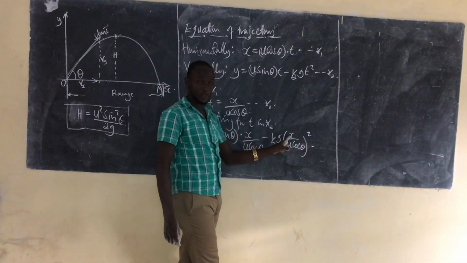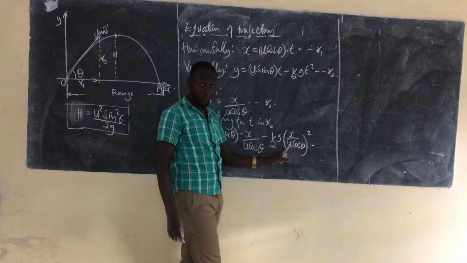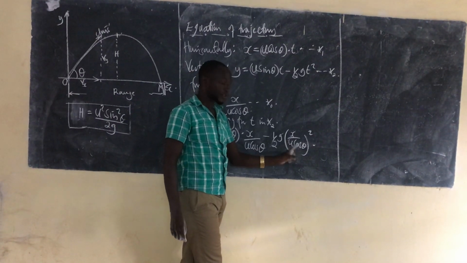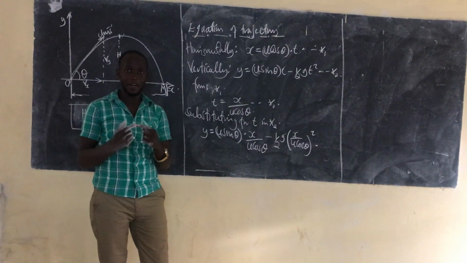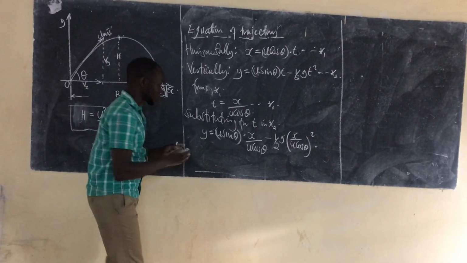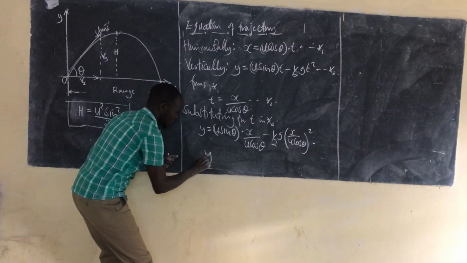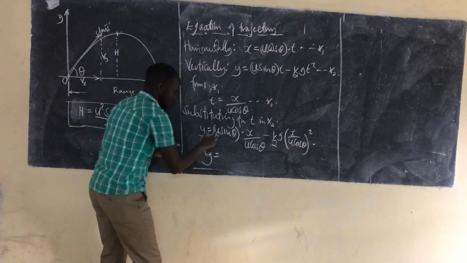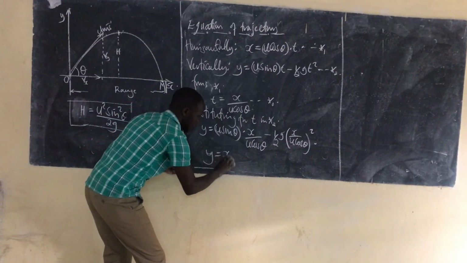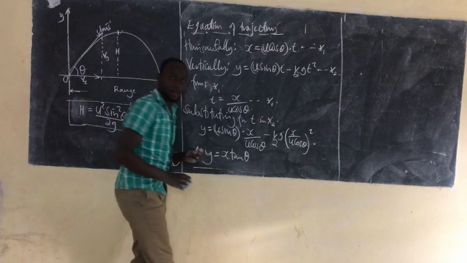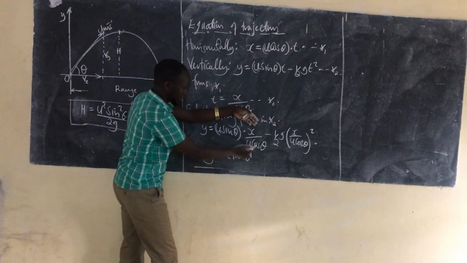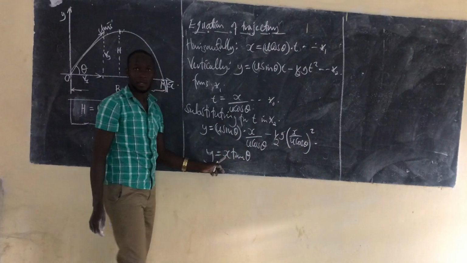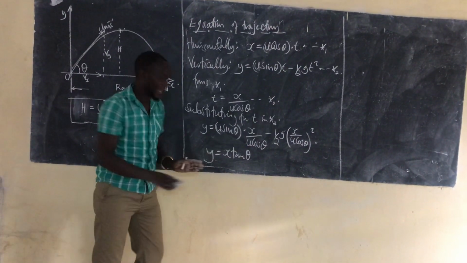This becomes x squared divided by u squared cos squared theta. Let me do the writing now from the talking. So we shall have y giving us x tan theta, since sine over cos is tan, and there is x here.